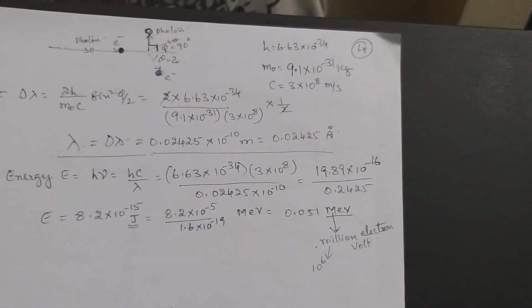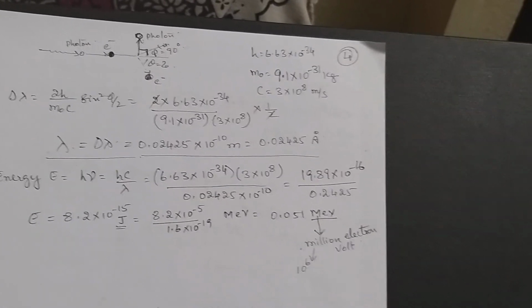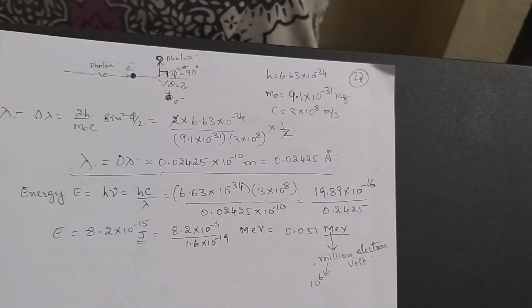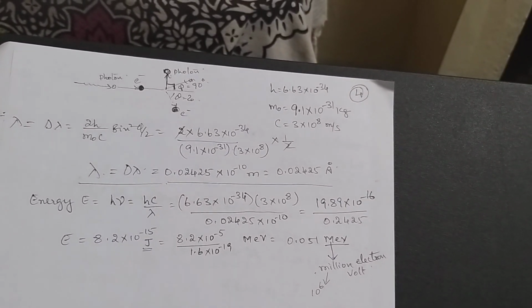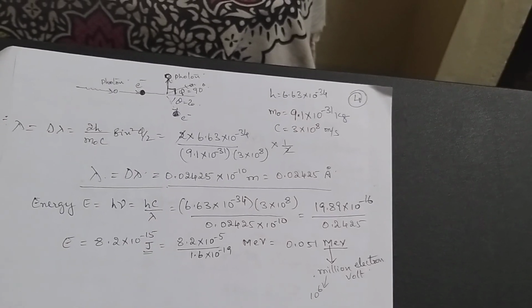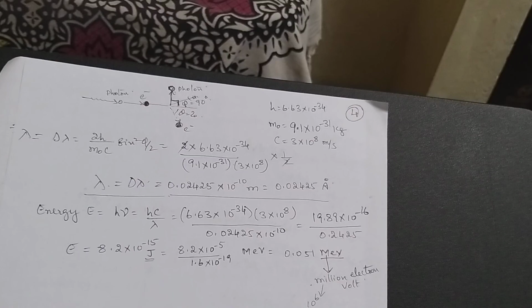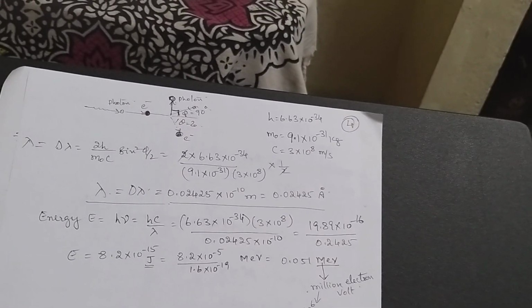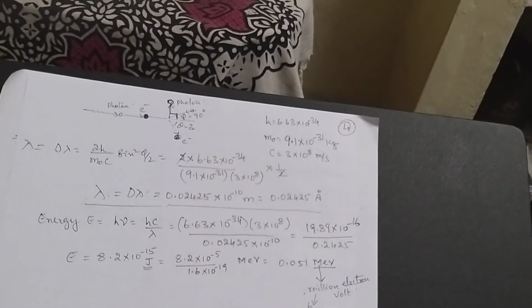Here I should try to explain. 1 electron volt is the energy required for 1 electron to move through 1 volt potential difference. 1 volt potential difference means 1 joule per coulomb. If the work done on 1 coulomb charge is 1 joule, then the potential difference between the 2 points is 1 volt. So for 1 electron to travel, it will be 1.6 into 10 to the power minus 19 joules.